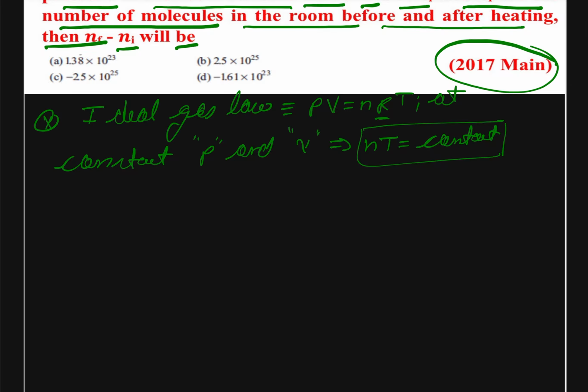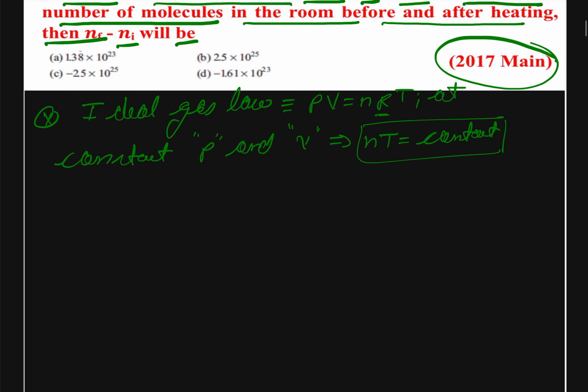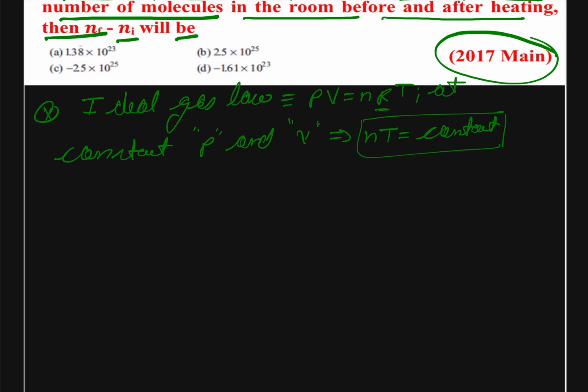And we can write this particular equation in terms of initial as well as final. Therefore we can say that our N final multiplied by temperature final will be equal to N initial multiplied by temperature initial.